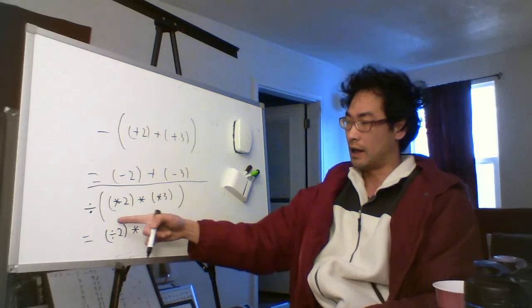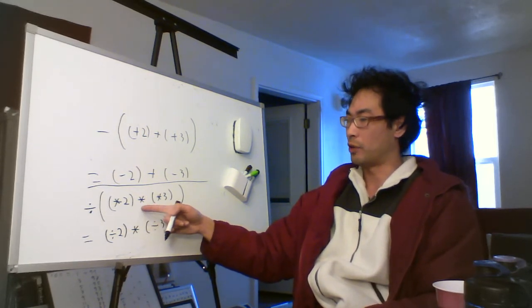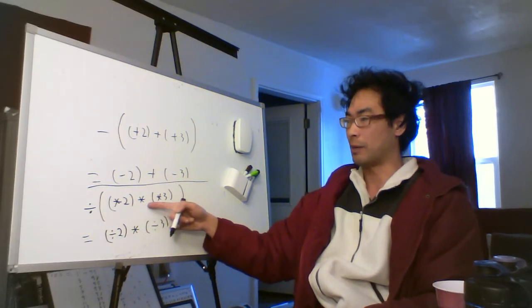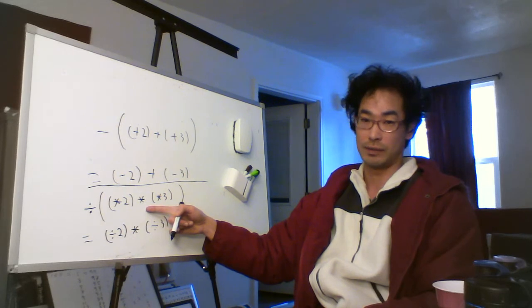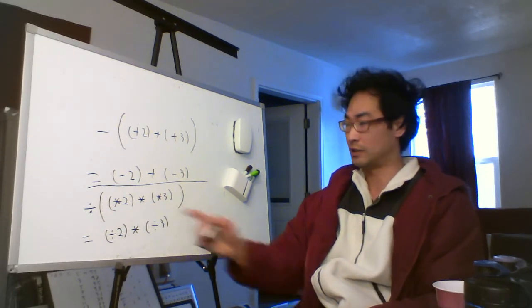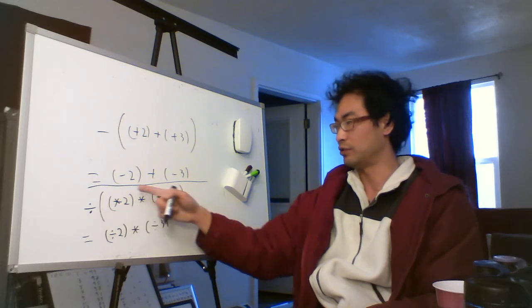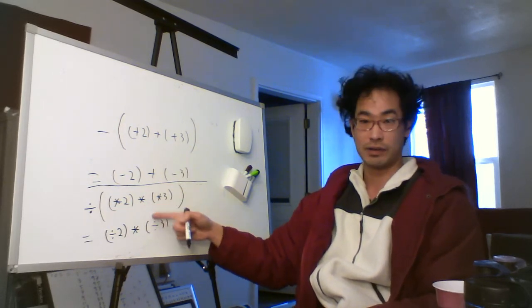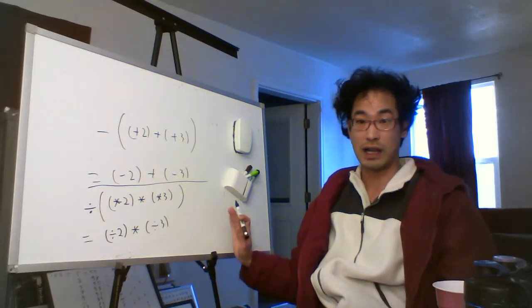So the unary operator gets flipped, but the binary operator does not get flipped by this negation. It does not get to distribute into this binary operator. The binary operator is impervious. So that's plain vanilla algebra.